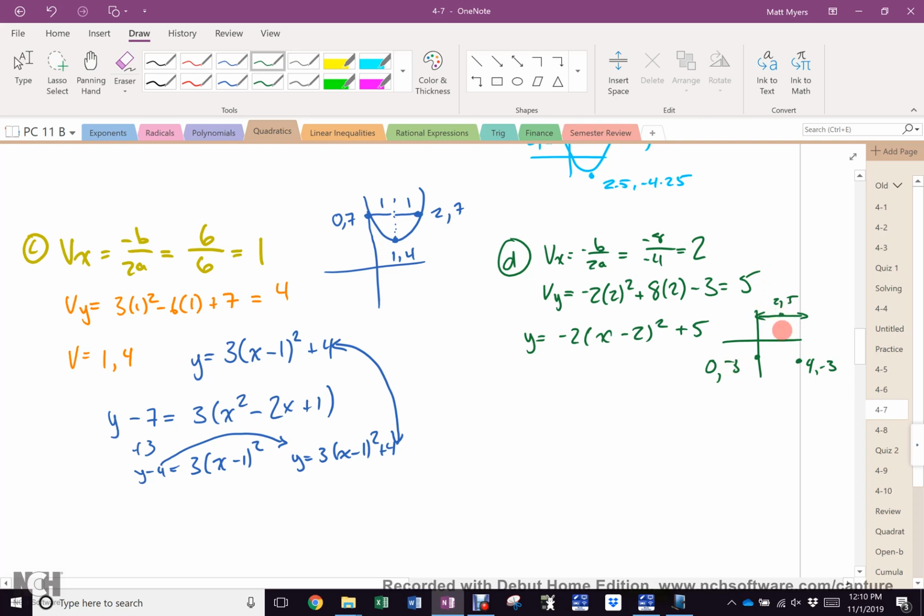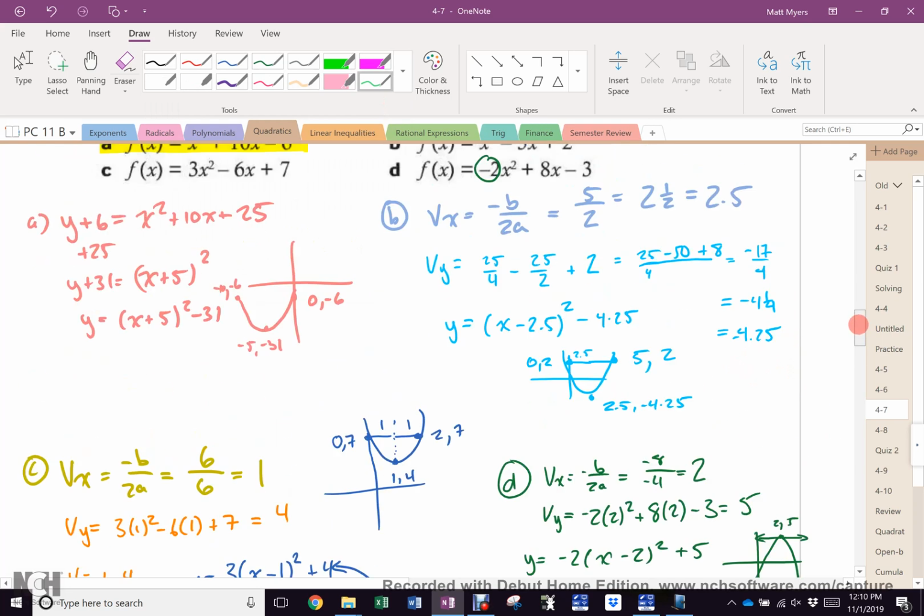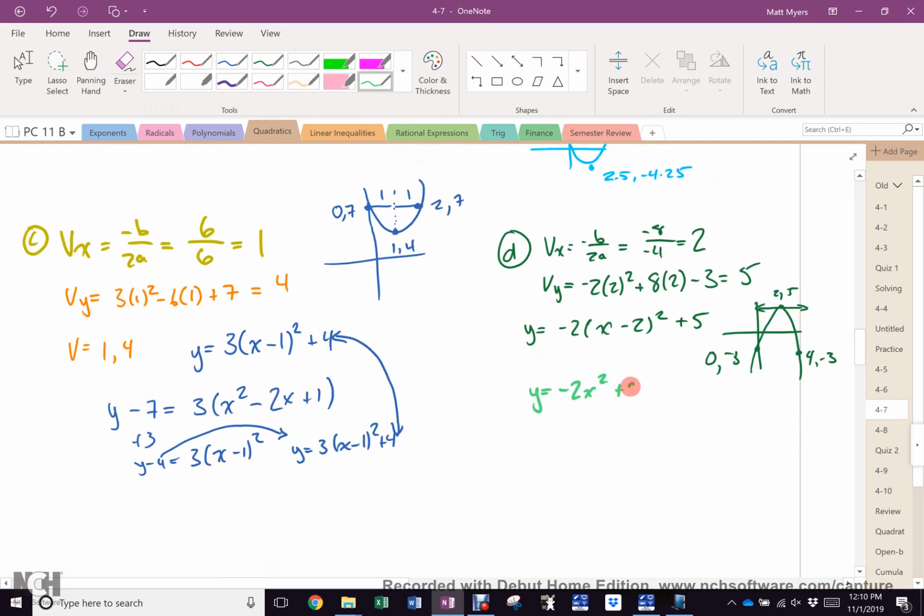Is negative 3, 8 down from 5? So did I graph it correctly? Of course I did. Then I will change shades of green. Y equals negative 2x squared plus 8x minus 3. Y plus 3 equals negative 2x squared minus 4x plus 4 plus 4. Y plus 5.